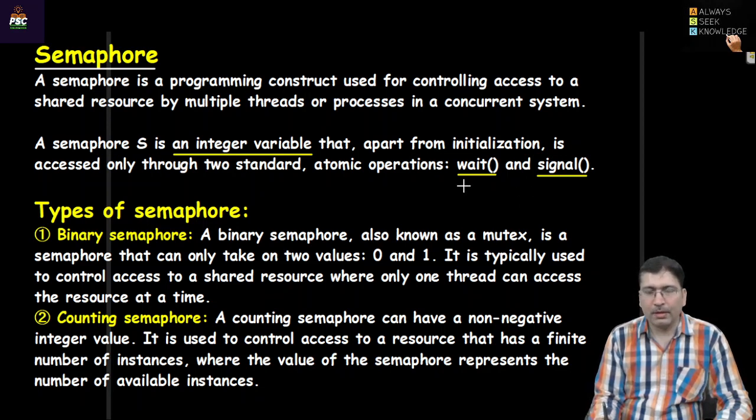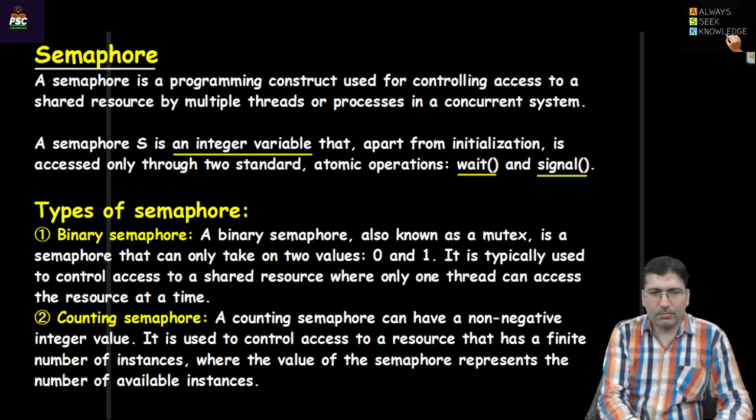There are other names also associated with these operations. Wait operation is also known as P operation, and signal operation is also known as V operation.